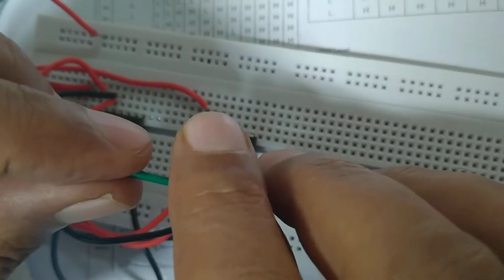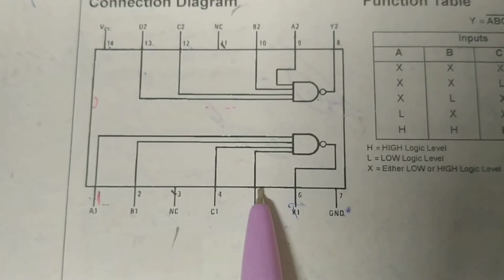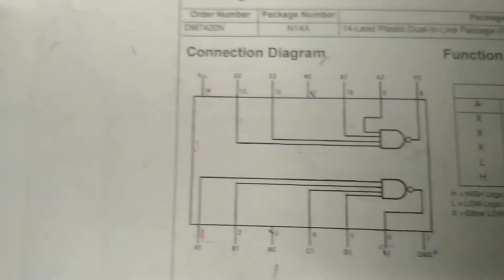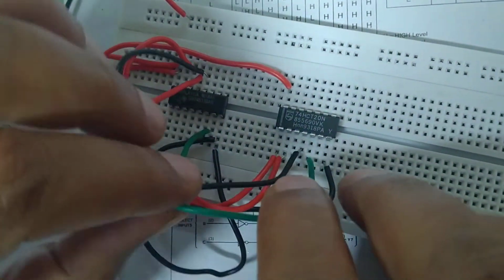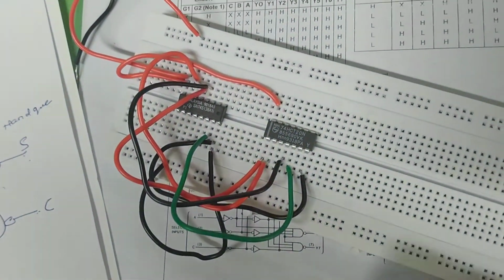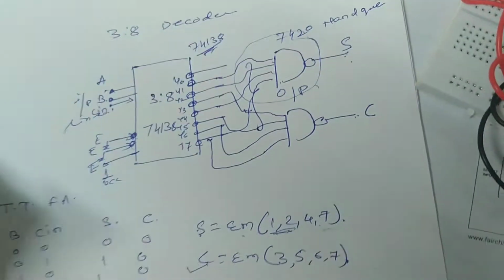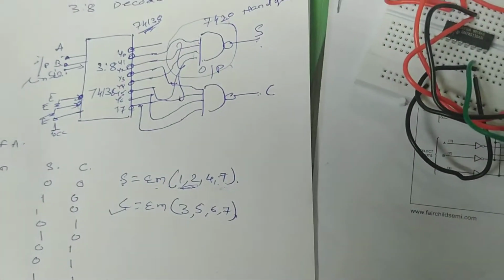And this we have to connect to the last input of the NAND gate. Which is the last input of this NAND gate? Terminal number 5. So 5 is this one. So here we have to connect this. So we have finished the input connection for the sum.